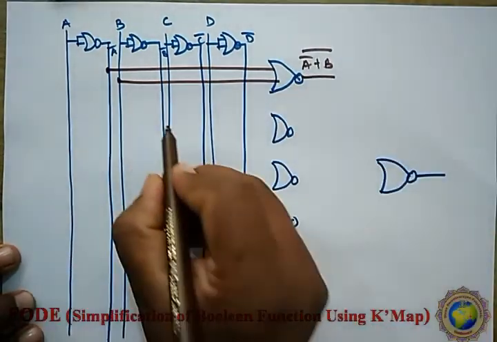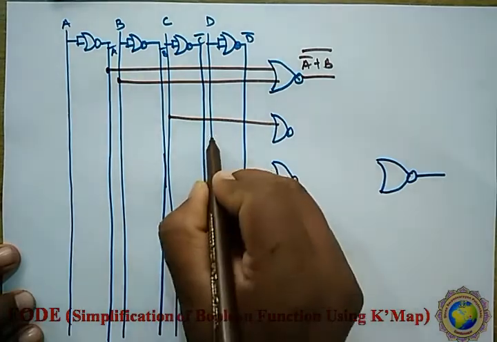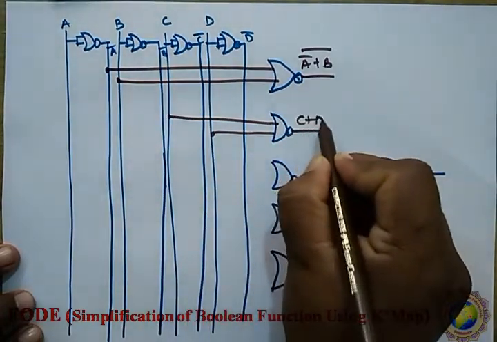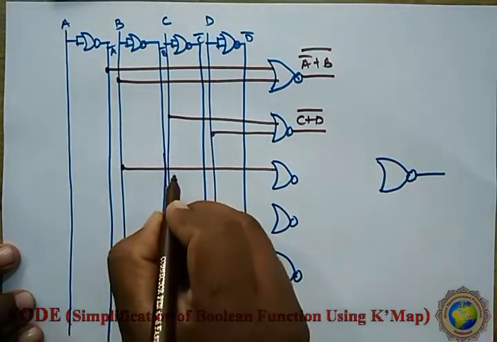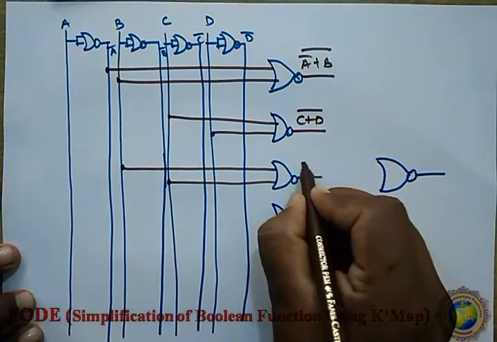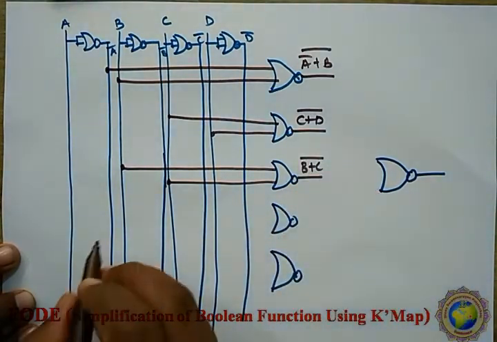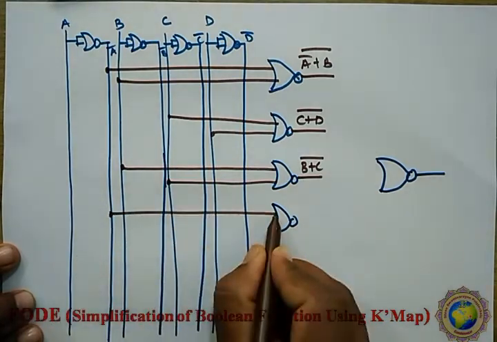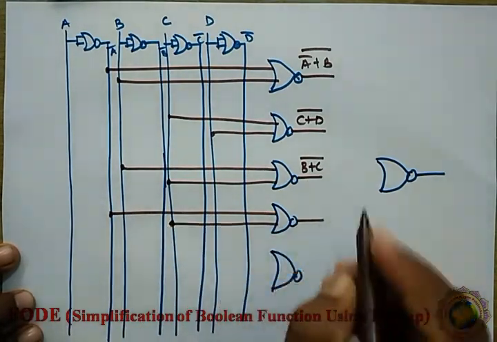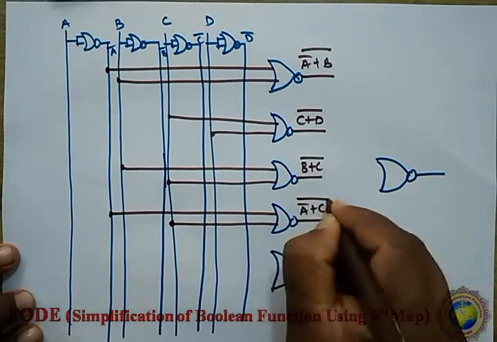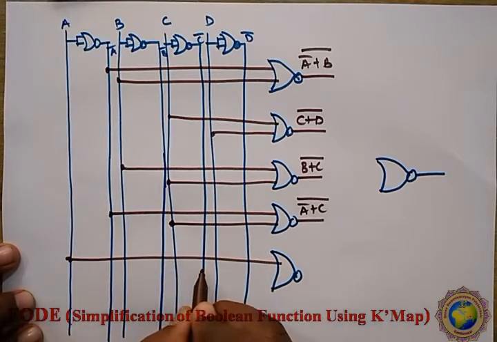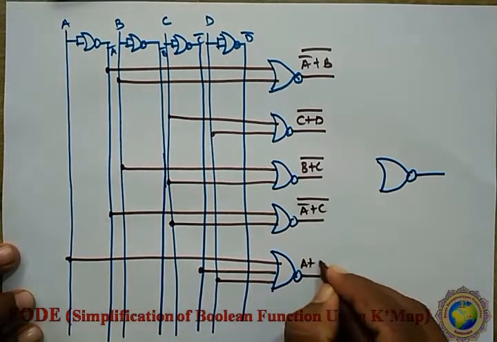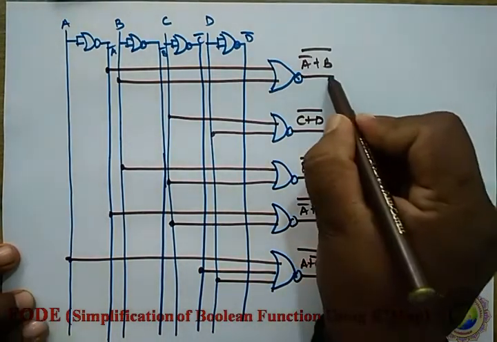Then C plus D, so it's C and D. Then B plus C. Then A bar plus C, A plus C bar plus D, all the functions are connected.